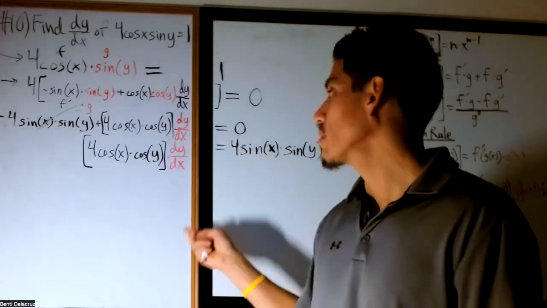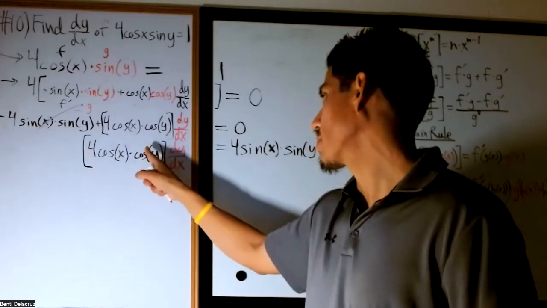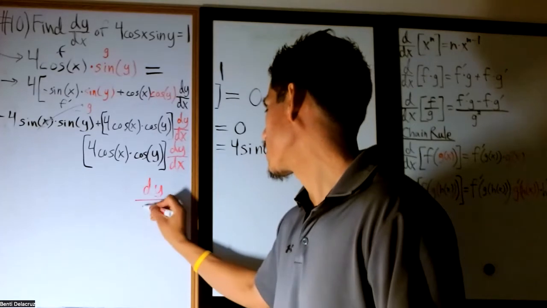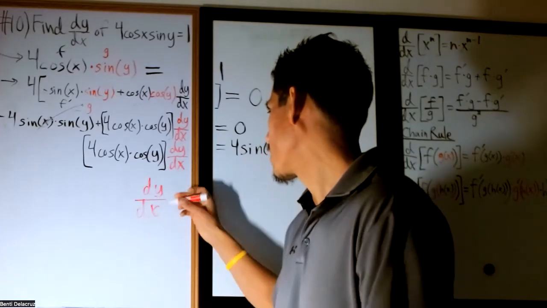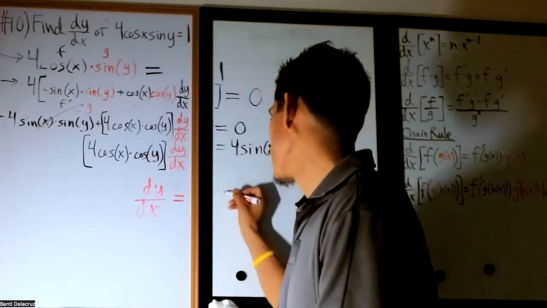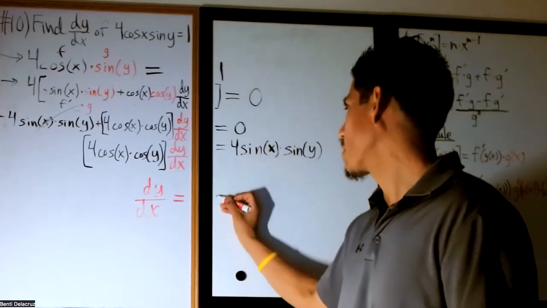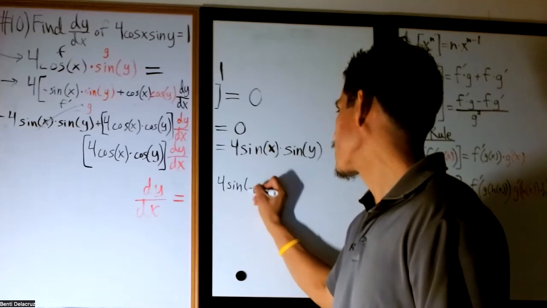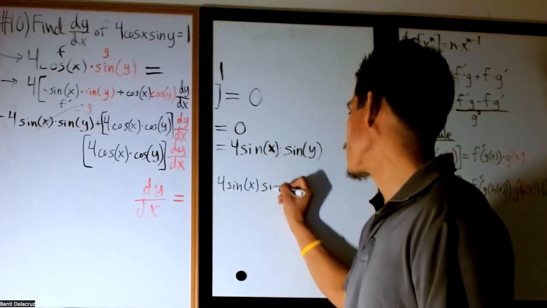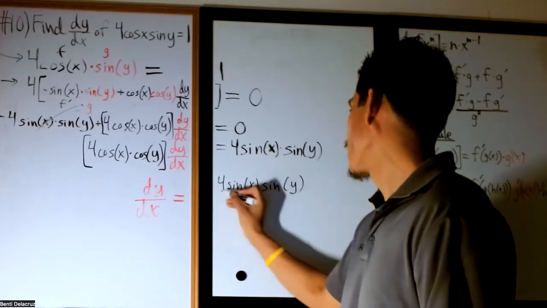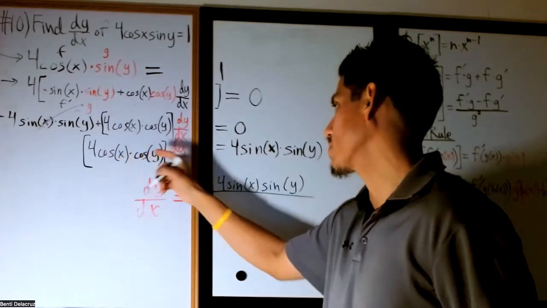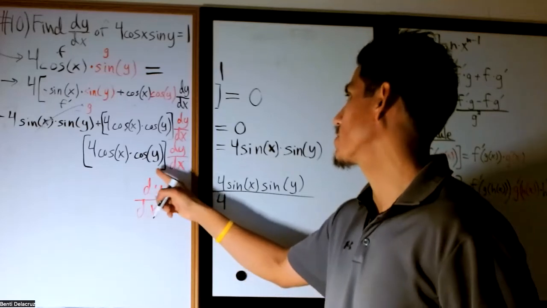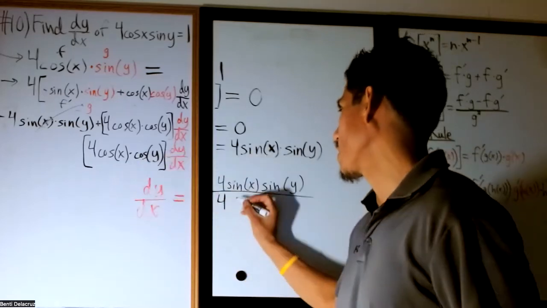Now from here, we just divide by this group right here. So then we'll get dy dx equal to 4 sine of x times sine of y, all over 4 cosine of x times cosine of y.